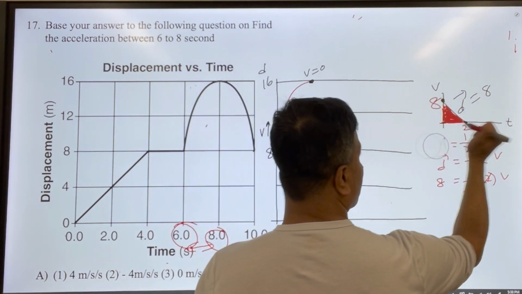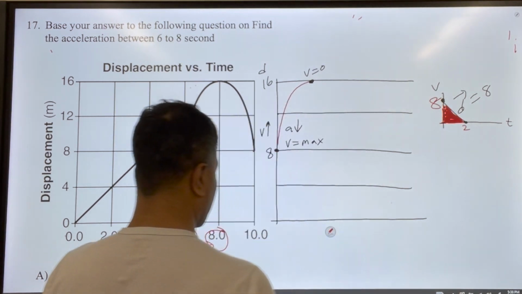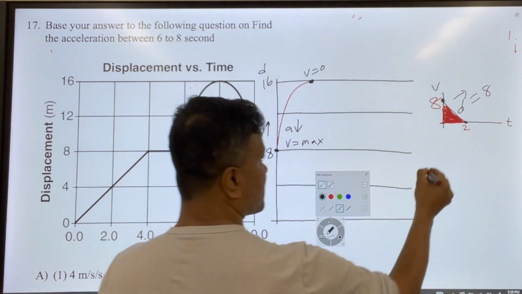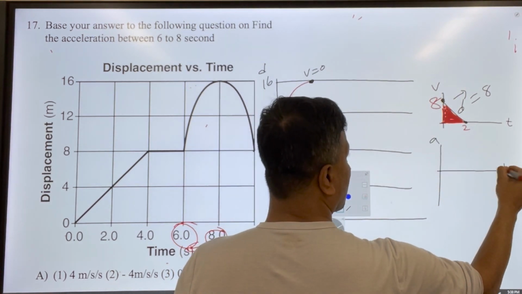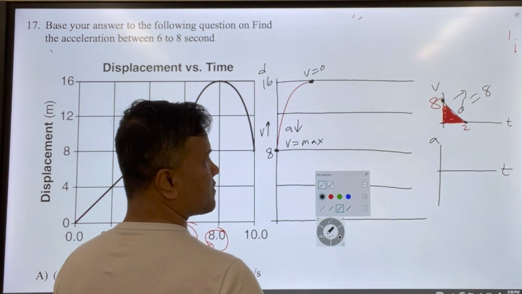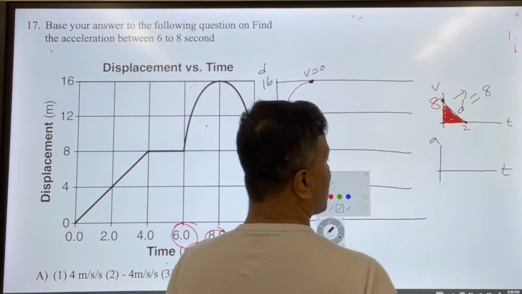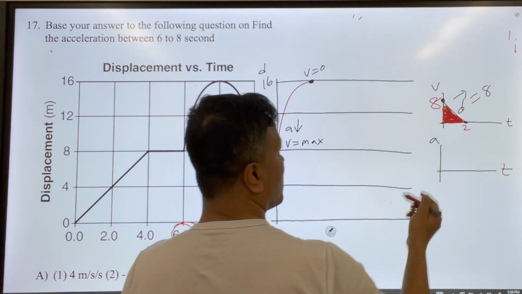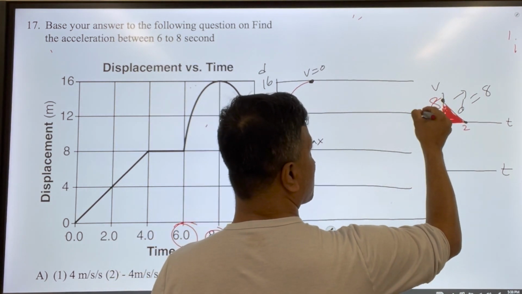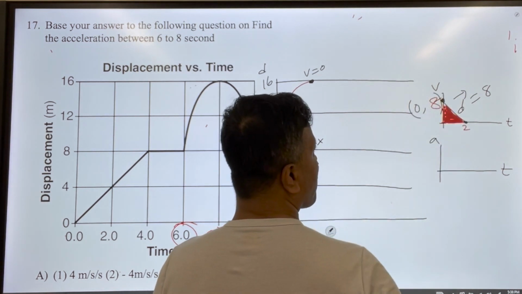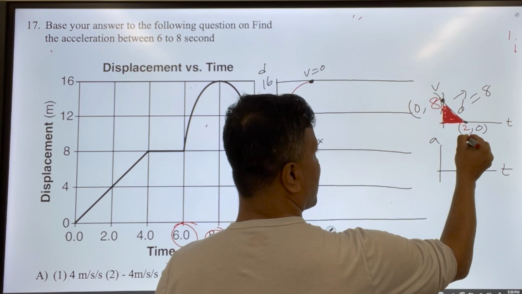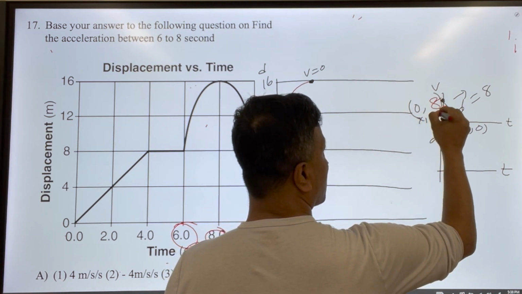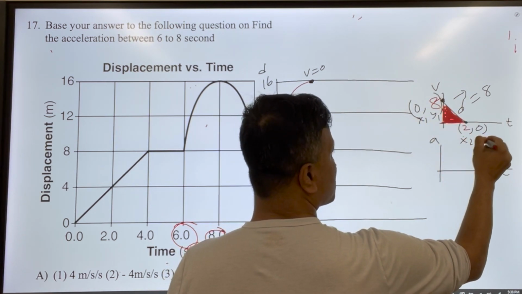Okay, so once I have the velocity versus time graph, I can convert it to acceleration versus time graph. Now, the slope of the velocity versus time graph is acceleration. But I don't need to know that. I know 2 points, right? I know 0, 8, okay? And I know 2, 0, right? So I have x1, y1, x2, y2.